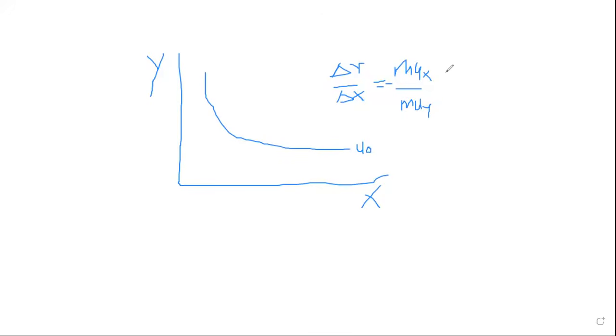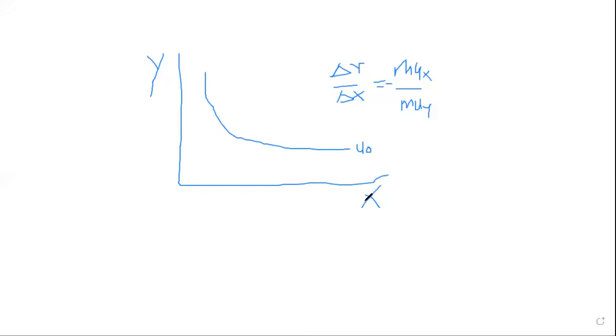Now again, let me warn you here. The reason why we are getting MUx over MUy is because we have x on the horizontal axis and then y on the vertical axis.